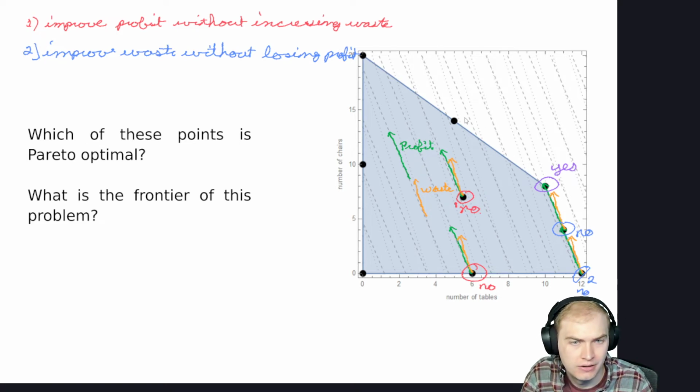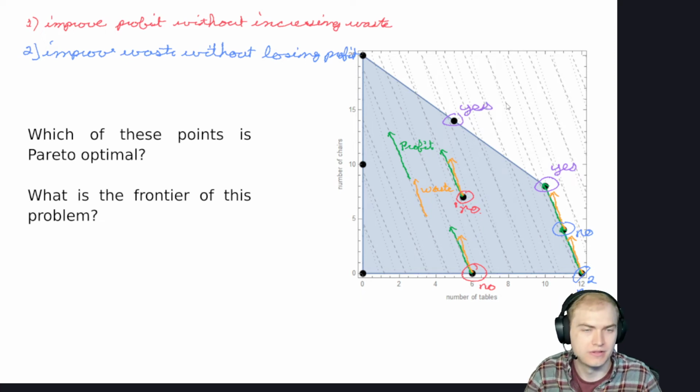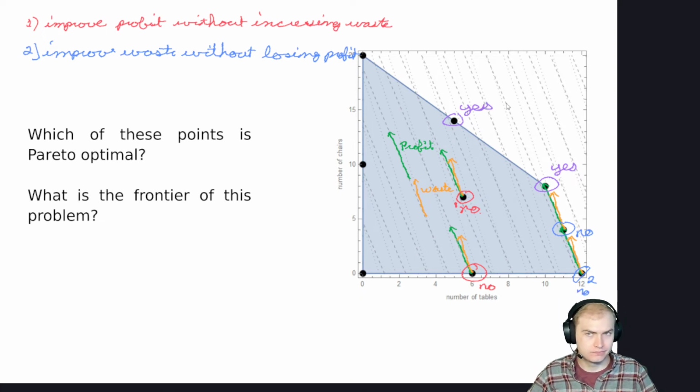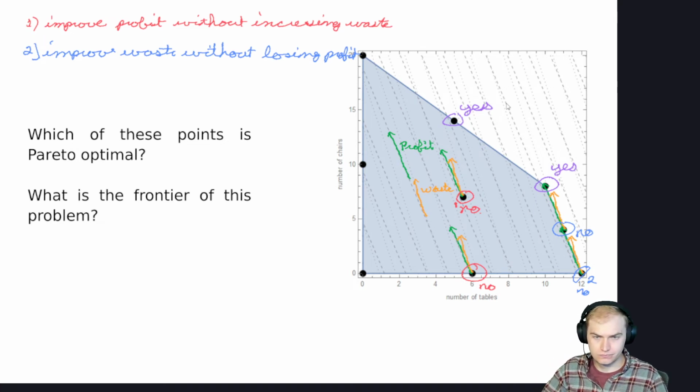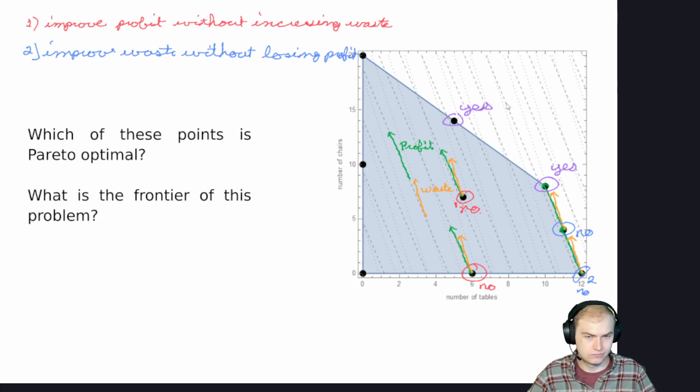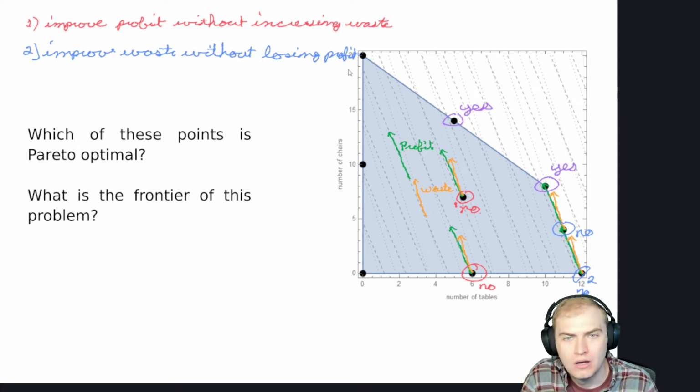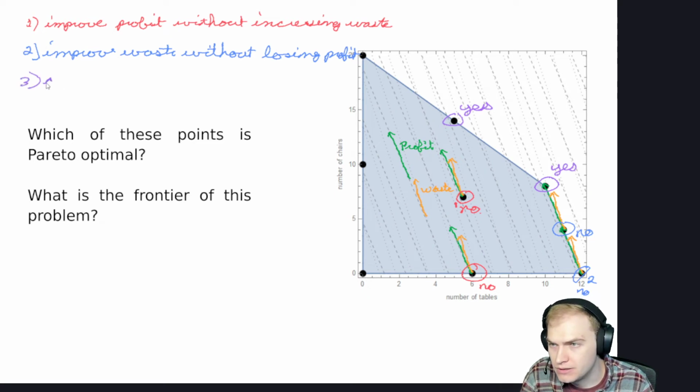And by similar logic, we can see that this point is also Pareto efficient. So decreasing waste requires decreasing profit.